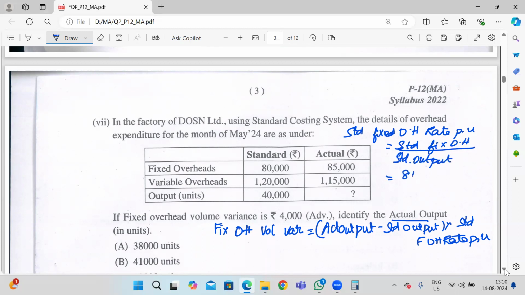Standard fixed overhead is 80,000 divided by output 40,000, so 2 rupees per unit. The volume variance they have already given us is 4,000, so minus 4,000. Actual output I am writing as X minus standard output, and standard output is already given as 40,000, so 40,000 into 2 rupees.